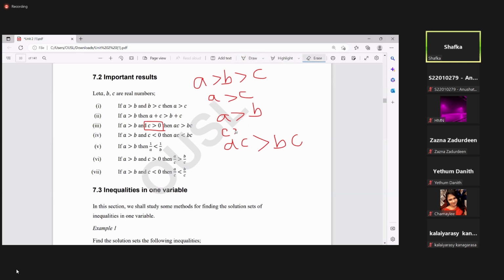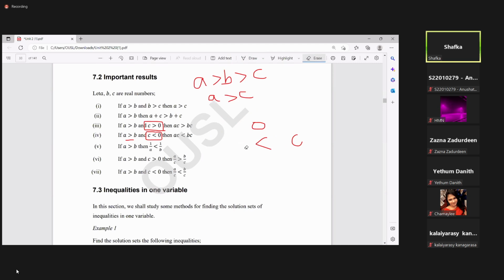If you are considering A greater than B and a negative real number, and you multiply both sides by that number, the sign interchanges. Okay, can you see this? Earlier we had A greater than B, but now AC is lesser than BC because C is a negative number.